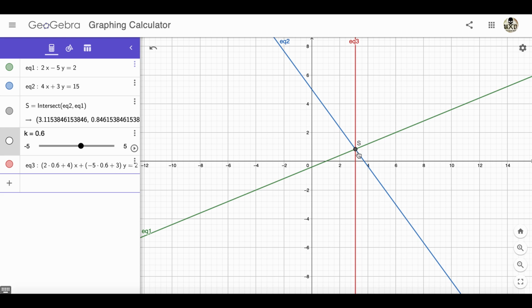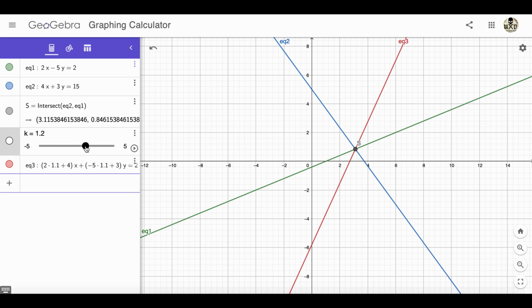So multiplying by the right value of k and adding the two equations together produces a new line, one of the new lines being, in this case, a vertical line. Okay, so that would correspond to y getting eliminated, essentially. And you get the vertical line passing through the solution, and that reveals the x-coordinate.